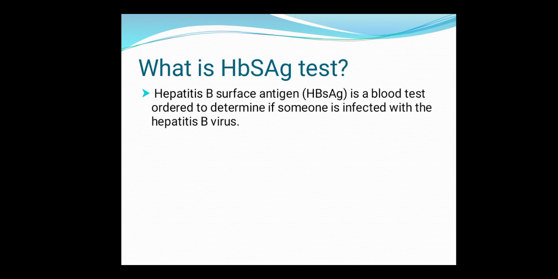The main principle of this rapid card test is that it is a qualitative test in a solid phase with a two-site sandwich immunoassay for the detection of HBsAg in serum or plasma. The membrane is pre-coated with anti-HBsAg antibodies on the test line region of the device.